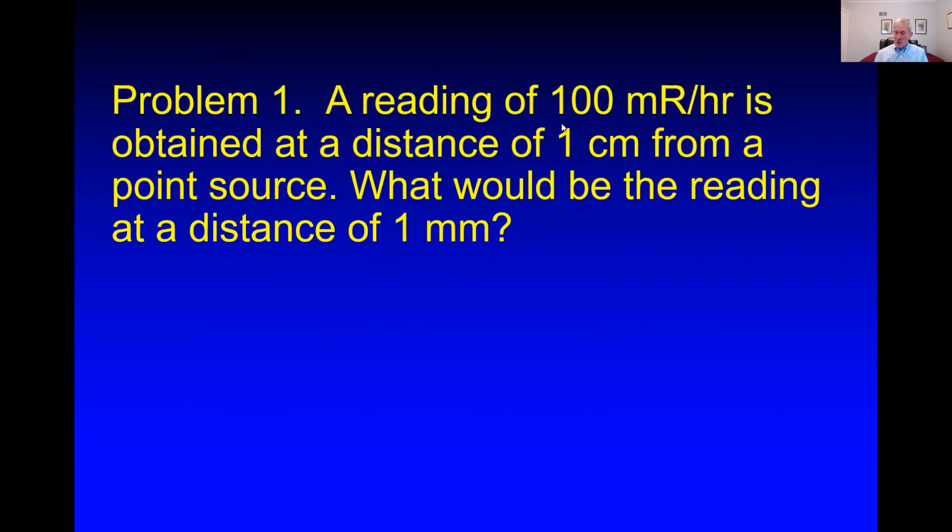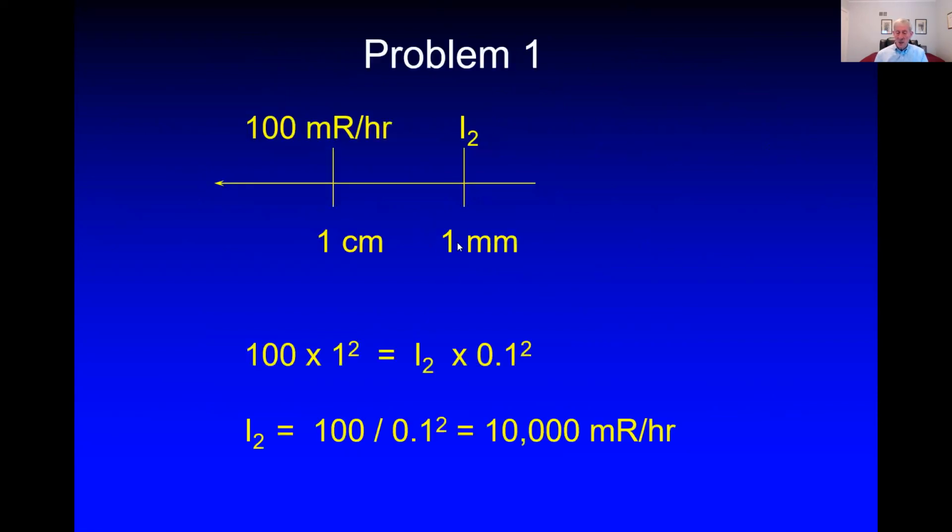So if we're going to use centimeters here, then 1 millimeter is going to be 0.1 of a centimeter, a tenth of a centimeter, because that's what a millimeter is. So here's your math. 100 times 1 centimeter squared equals I2 times 0.1 of a centimeter squared. If you don't correct for these units, you're guaranteed failure.